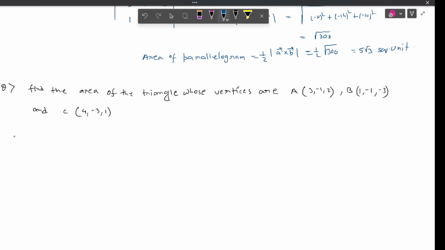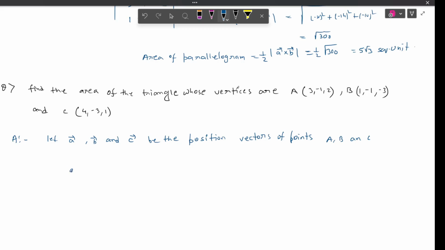We have to find the area. So let A vector, B vector and C vector be the position vectors of points A, B and C. Then position vector is always calculated from origin.